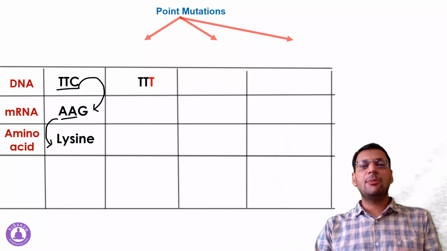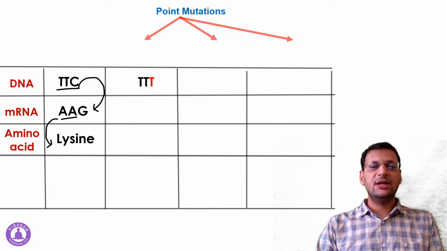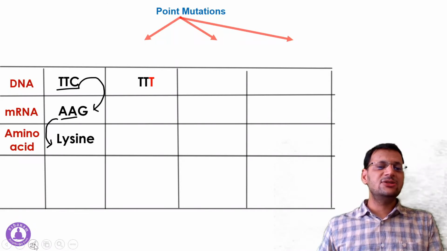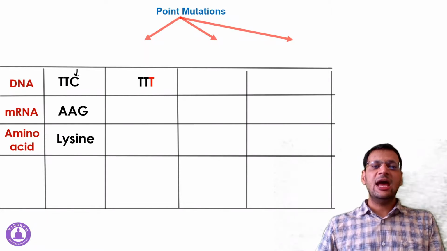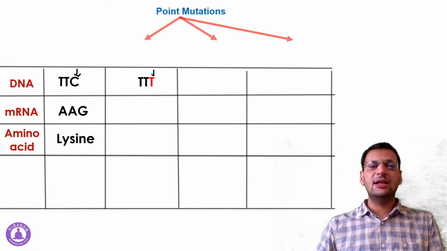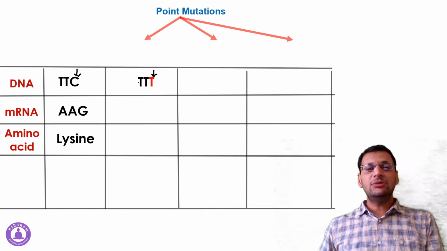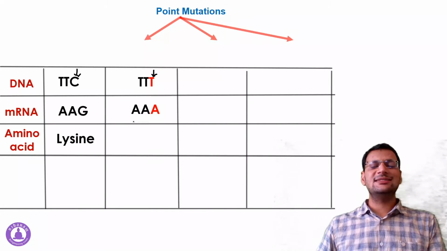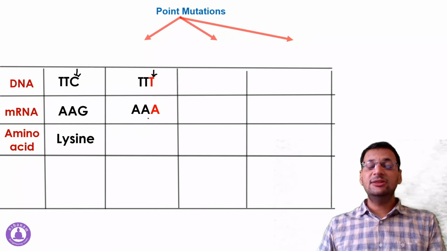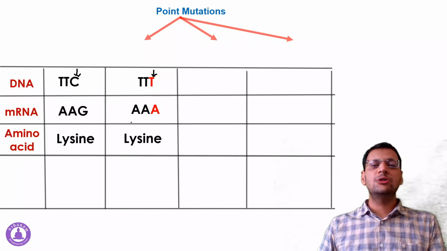Now let's discuss about the first kind of point mutation. In this case, I have changed the 3rd nitrogenous base, that is C has been substituted with T, that is thymine. Now the mRNA that is transcribed would be read out as AAA, and this AAA also codes for lysine.